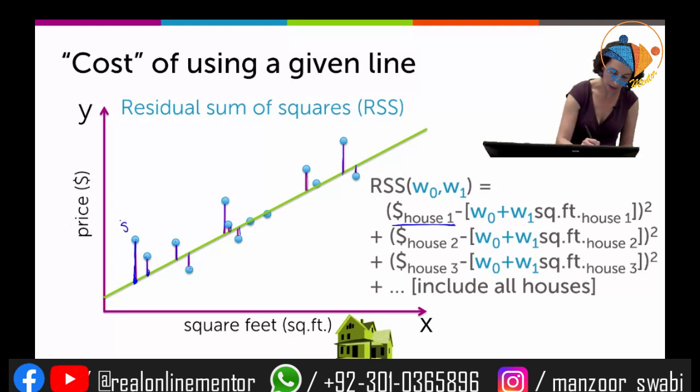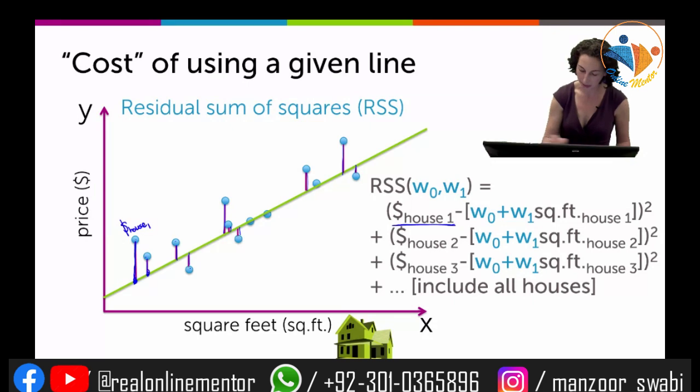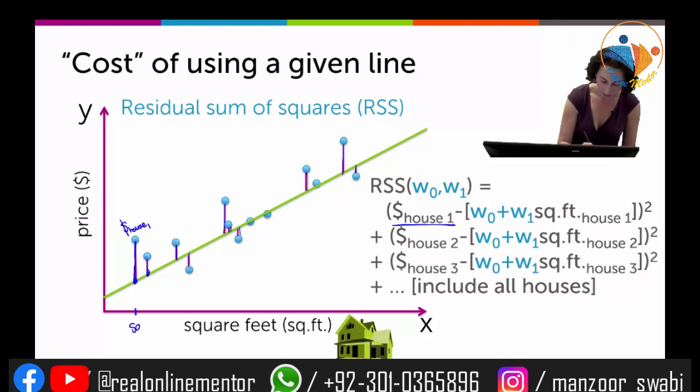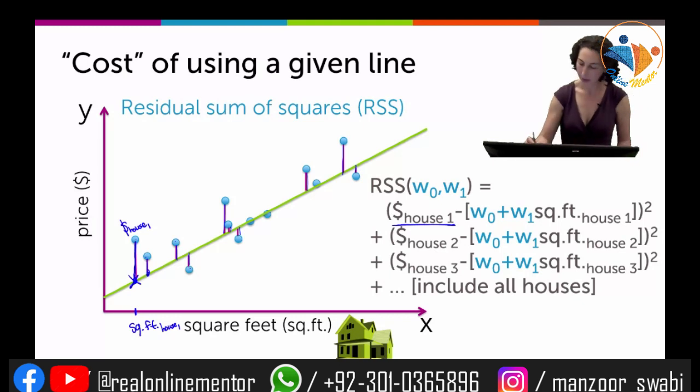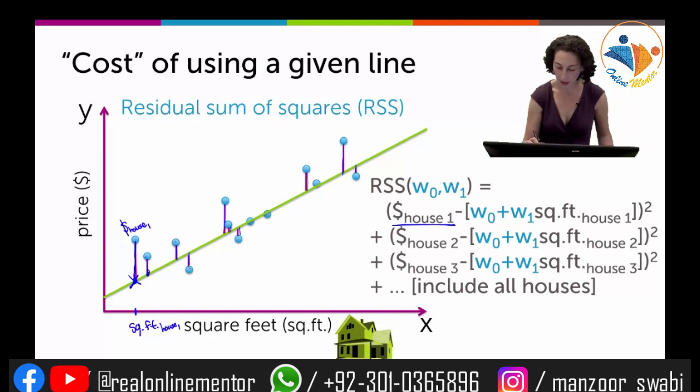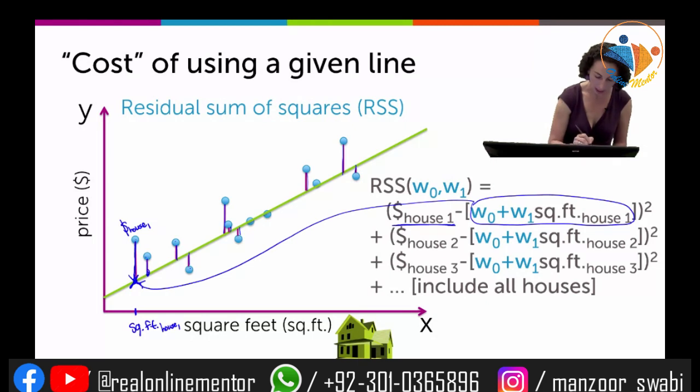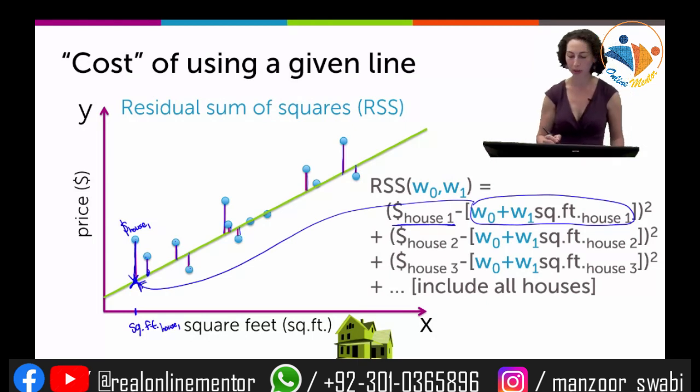So if this is what I'm calling dollar house 1, then what this point here is, if this is square footage of house 1, then this x that I've drawn here represents exactly this term here. This is that value, the point on the line.